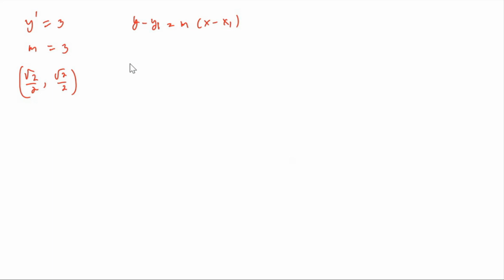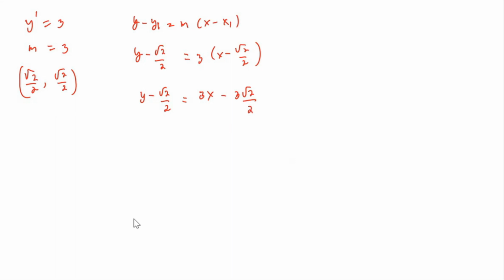So, by substitution, we have y minus y1 is square root of 2 over 2, and m is 3 times x minus square root of 2 over 2. So, simplifying this one, we have y minus square root of 2 over 2 is equal to 3x minus 3 square root of 2 over 2.